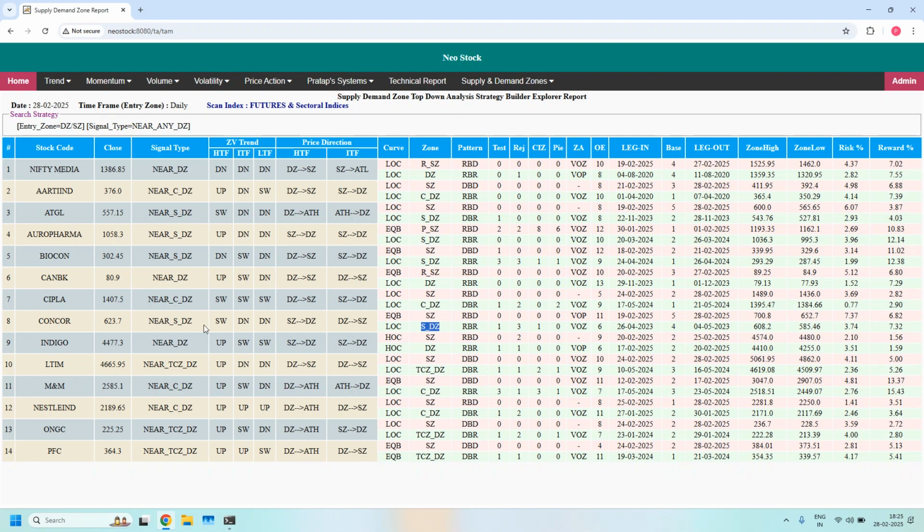Next, Concor. M&M also PRs, not valid. Next one is Nestle. So we identified 5 high liquidity daily demand zones from this list. Valid high liquidity demand zones.